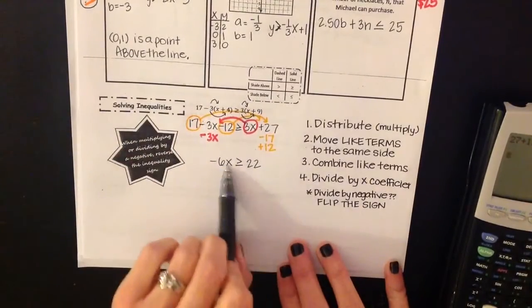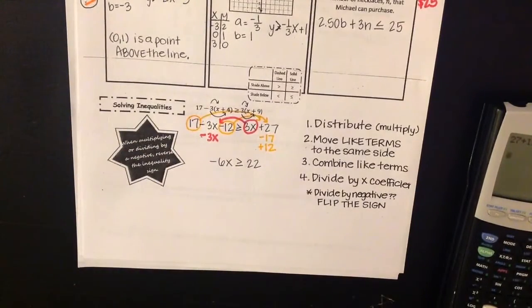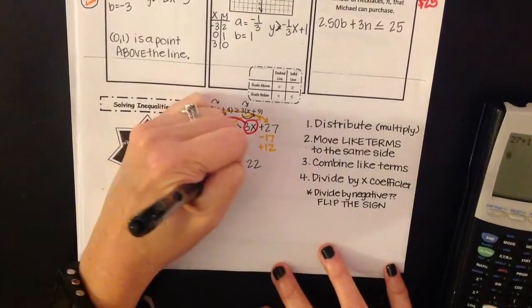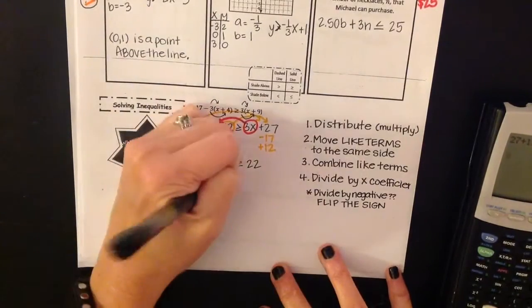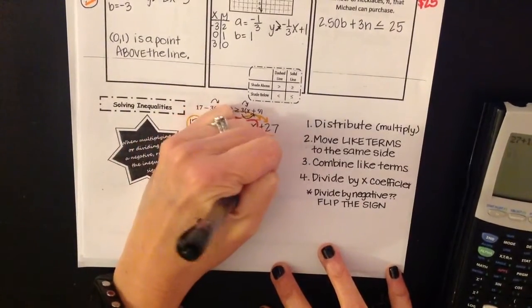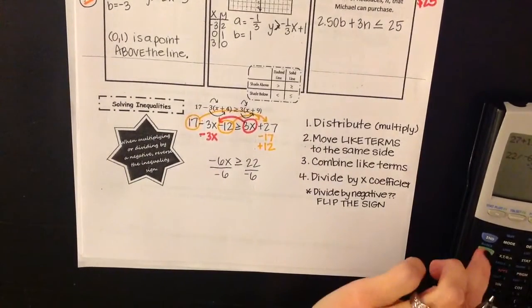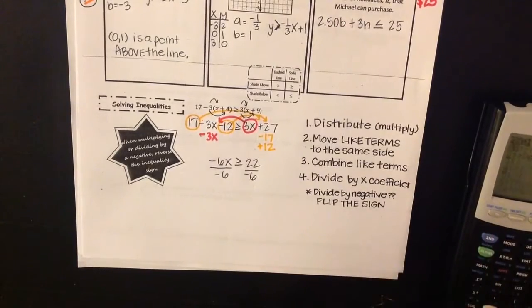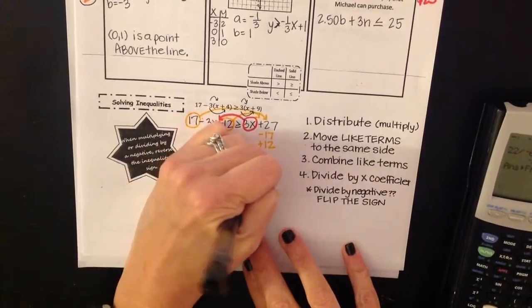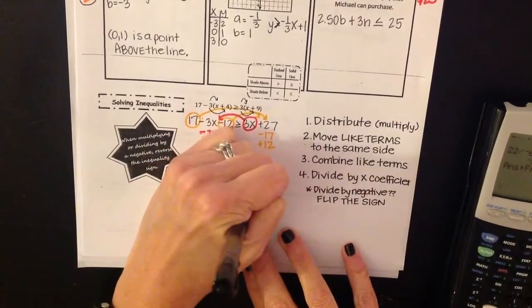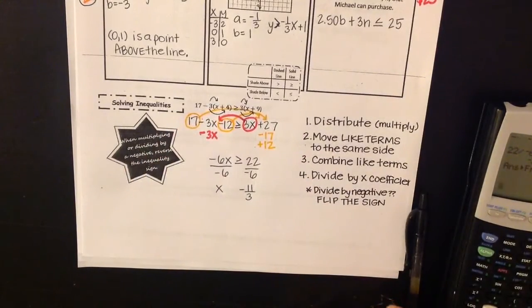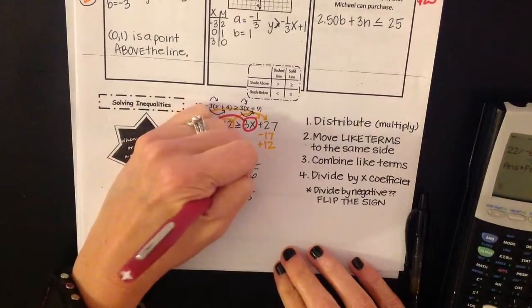And so now, since all my terms are on the same side and combined, I'm ready to divide by my coefficient, which would be -6. So 22 divided by -6, I'm going to write that as a fraction, which would be x, and this would be -11/3. Now, first thing I'm going to look at, did I divide by a negative number?